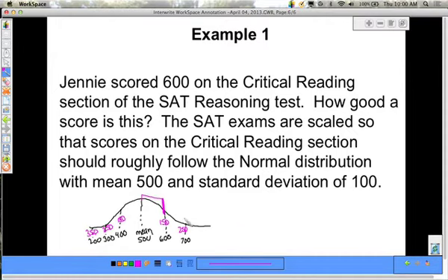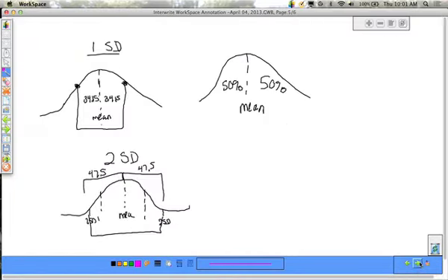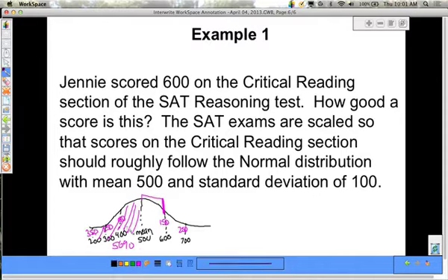So if we think of this in terms of area, we know that 50% of the data is underneath here. Well, how much more is she above? Well, we can go back to that chart that said 68.3% is within 1. So again, we know the distance from here to here is 68.3%.